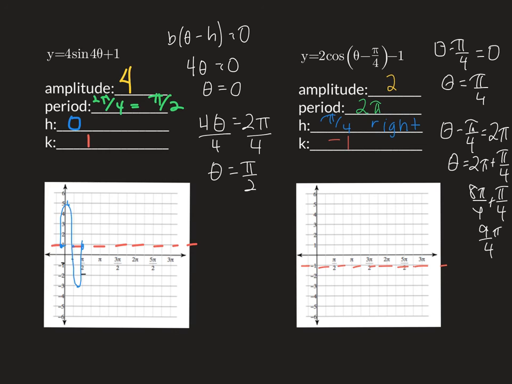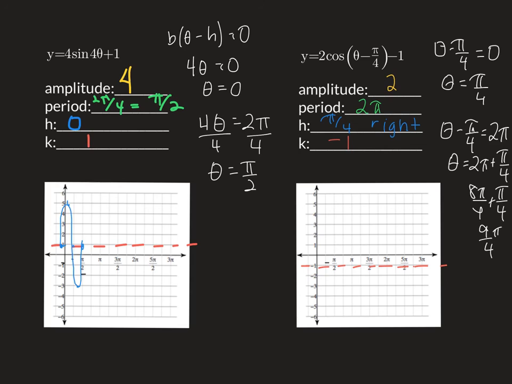So what does that look like? Okay, so if I'm going to end at 9 pi over 4, and start at positive pi over 4, well, my pi over 4s aren't actually marked, but they are on here. My pi over 4 is this line right here. 9 pi over 4 is 1 pi over 4 above pi over 2.